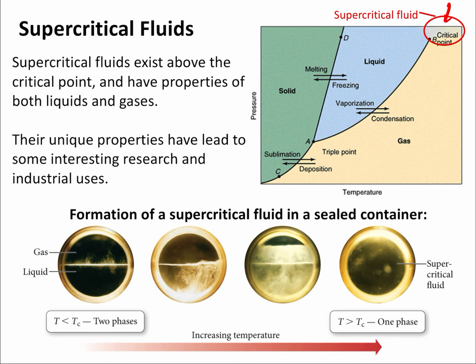You can see an image of this right here, where you have a liquid and a gas together, and you're looking through a little window at the boundary between the two phases. Then if you start to increase the pressure and the temperature, you can see a transition to eventually a single phase that we call a supercritical fluid.